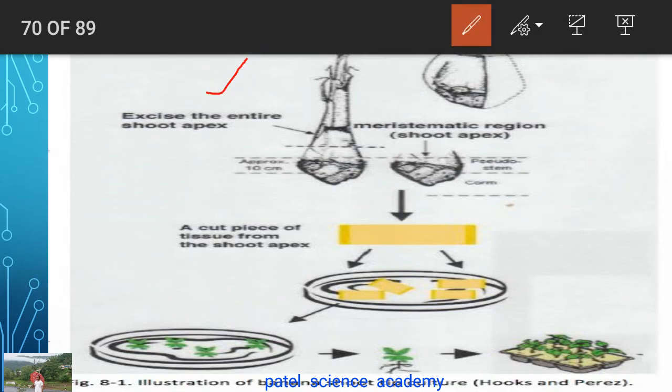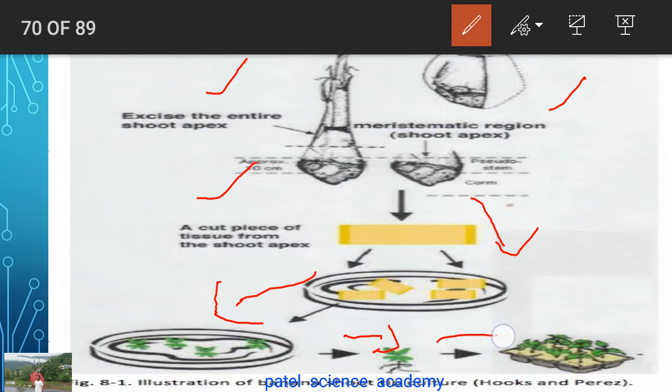the excised shoot system, meristematic region, shoot apex, the cut piece of the tissue from the shoot apex. Now this explant is inserted into this nutrient medium, and it converts into this plantlet as a micropropagule, and it converts into the whole plant.